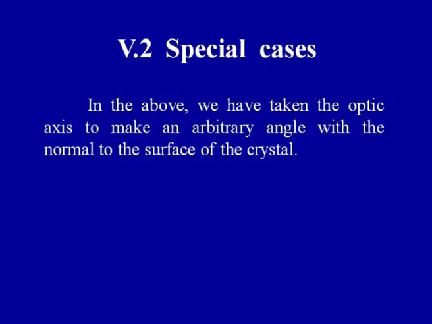We shall now consider some special cases. In the above, we have taken the optic axis to make an arbitrary angle with the normal to the surface of the crystal.